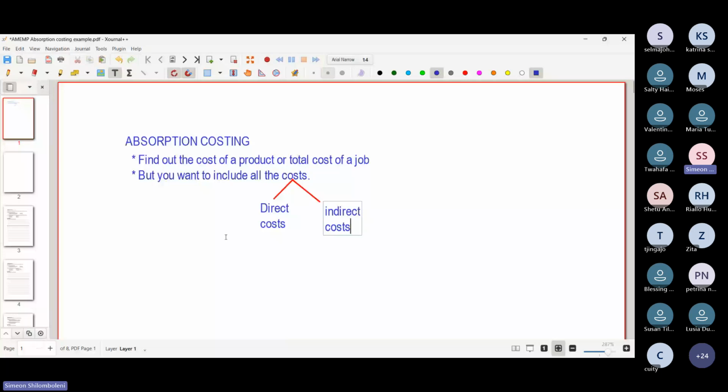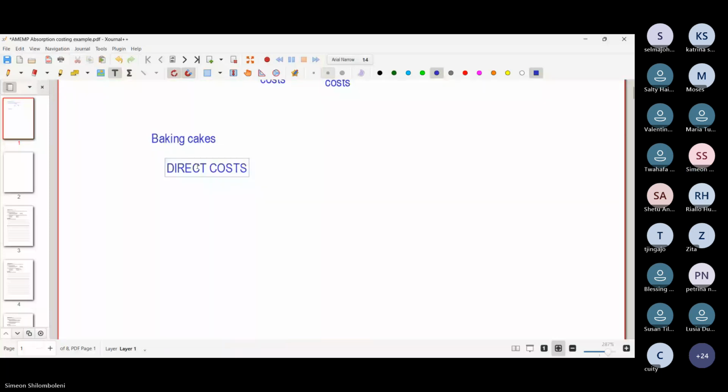Now, for example, you are baking cakes. In order for us to bake cakes, we need some direct costs. In order for us to bake cakes, we need the direct costs.